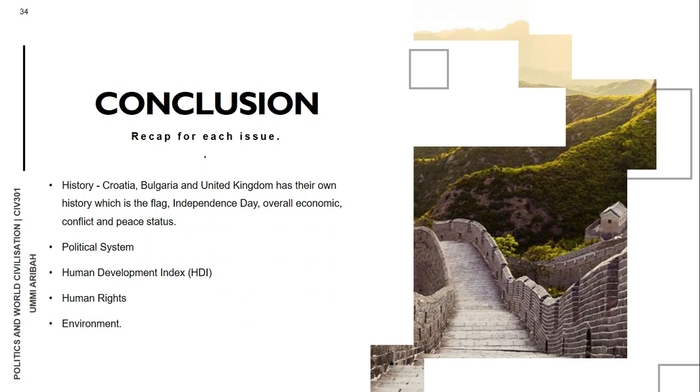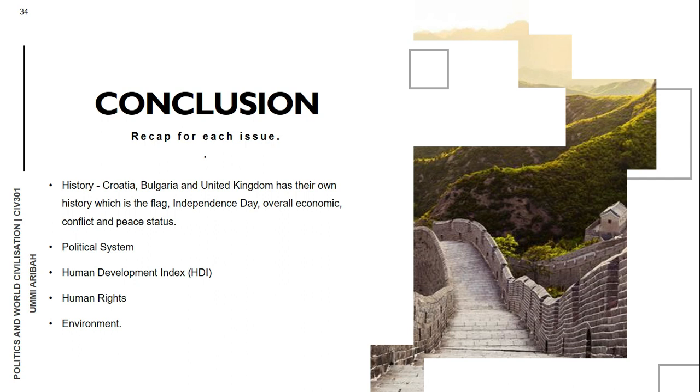Thirdly is HDI. HDI is a statistic developed and compiled by the United Nations to measure various countries' level of social and economic development. Meanwhile, for human rights, what are human rights?